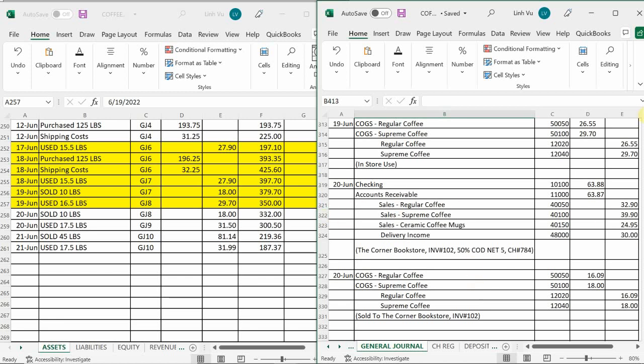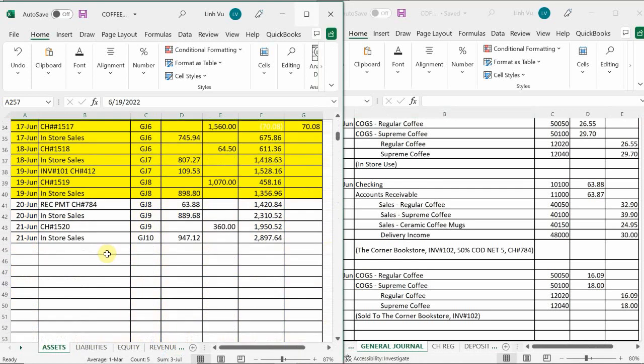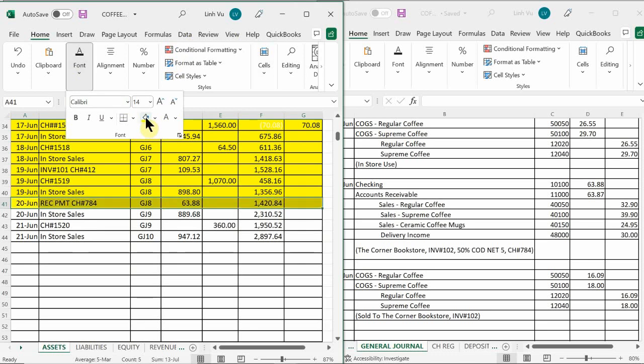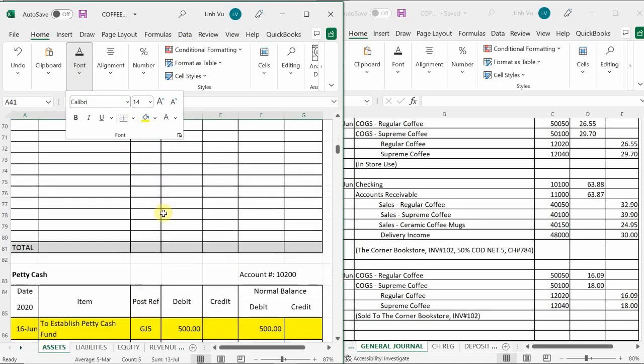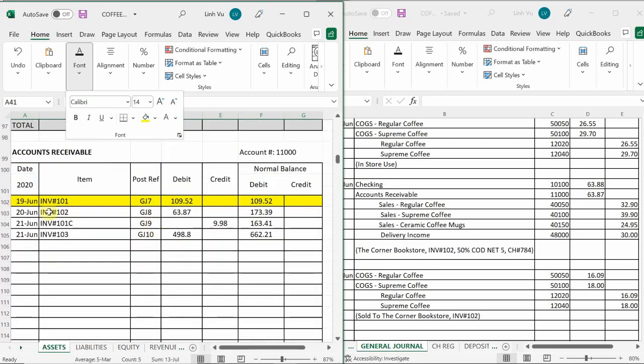So in this case, checking, I should have received a check for $63. Did I receive a check for $63? Yes, I did. Okay. And it increased my checking account. And then I have an account receivable, so that means they owe me more money for $63.